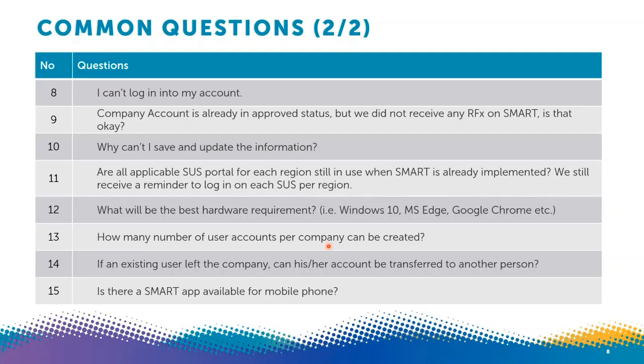So for example, in RFX, maybe our buyer selected their name as the focal person, and then they will receive the RFX. As a result, your sales advisor will not receive the RFX to be responded to. Okay, so there's no maximum number, but try to limit the user accounts to only relevant persons, right?